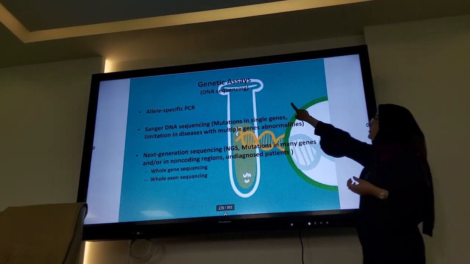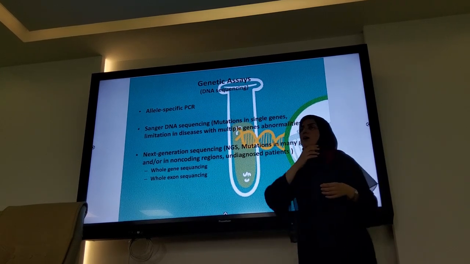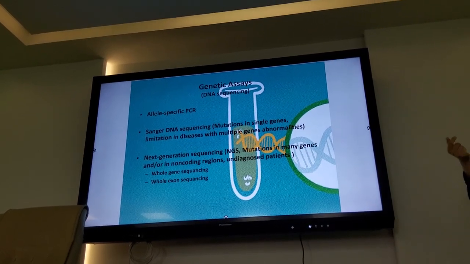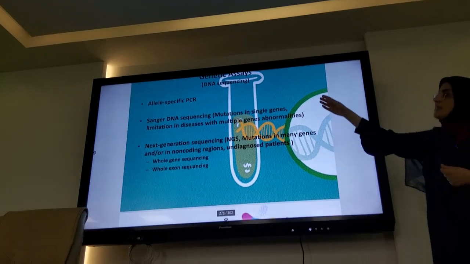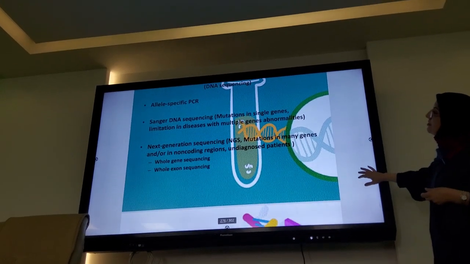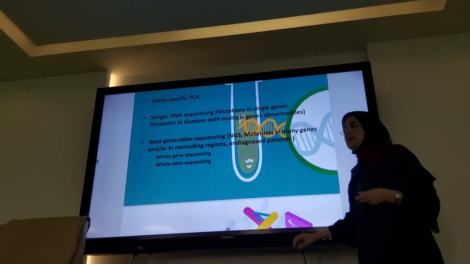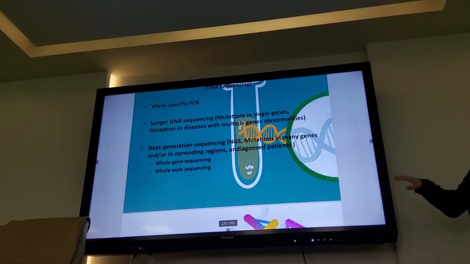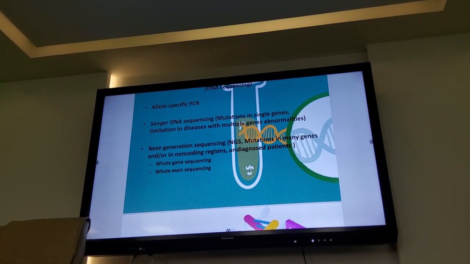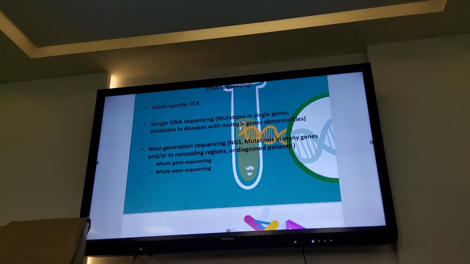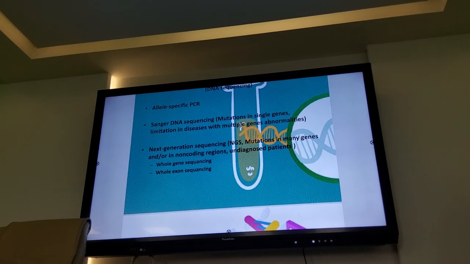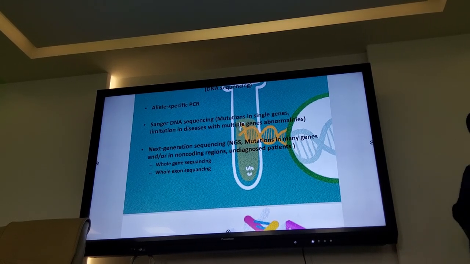But sometimes we're looking for abnormal sequence in DNA. PCR, polymerase chain reaction, Sanger DNA sequencing, and next generation sequencing. In some disorders, we have multiple genes which can cause one disease. For example, in Marfan, we have so many different mutations that all of them can relate to Marfan syndrome.